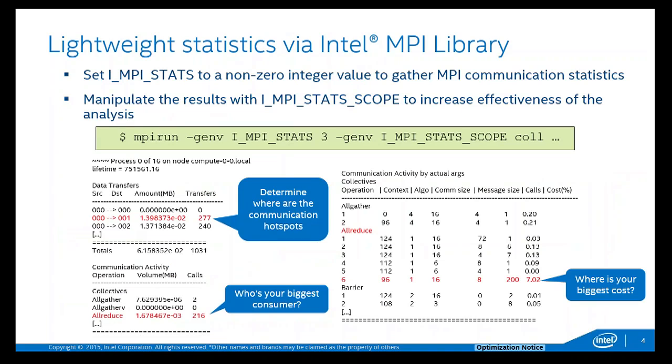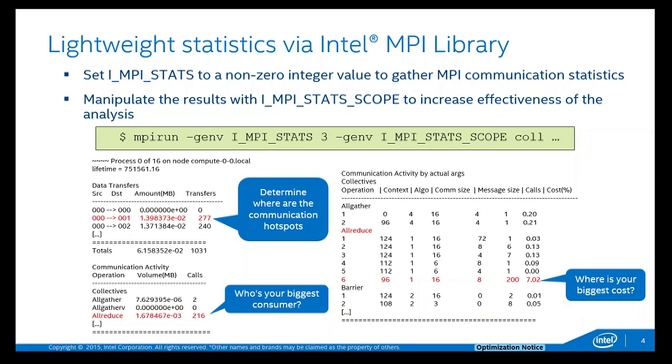So what is there out there today? This is just an example of doing lightweight statistics through the Intel MPI library, which is our implementation of the latest MPI 3 standard.